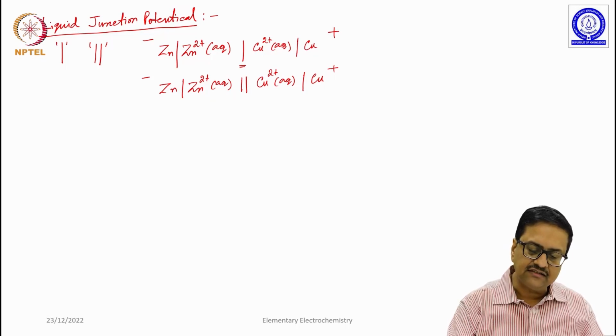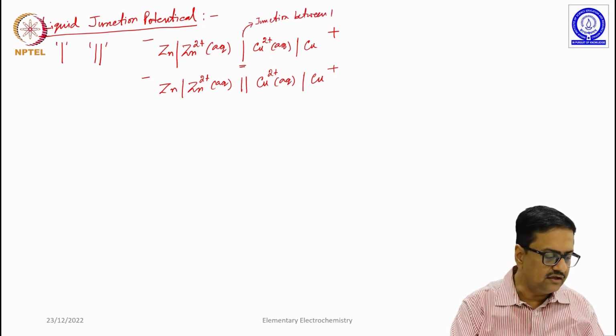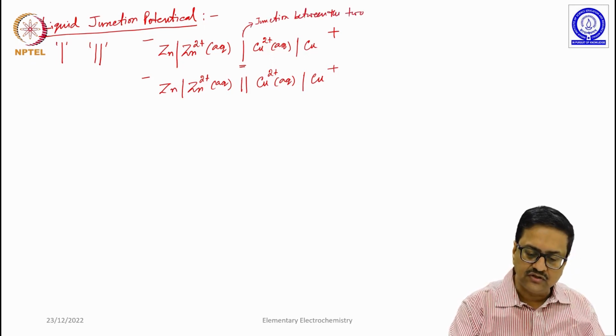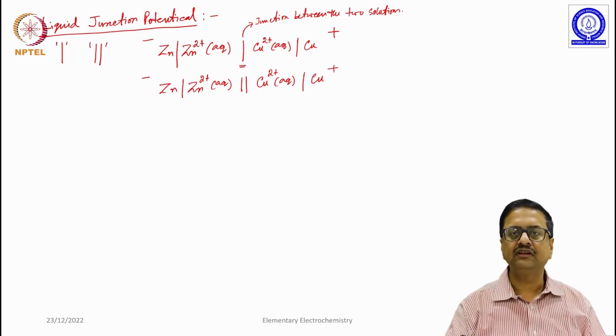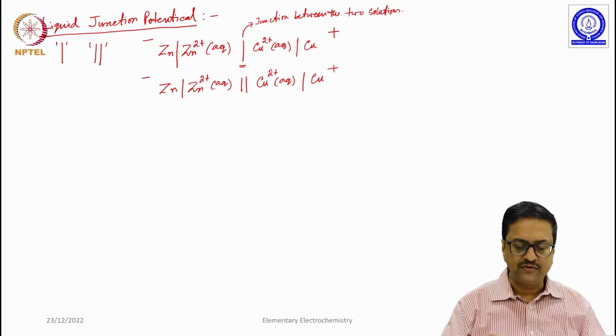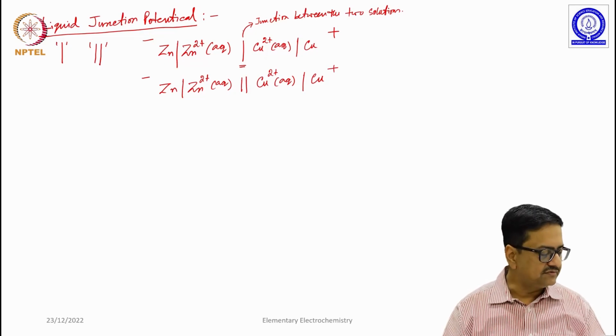So, that is a junction between the two solutions, and because of that junction being semi-permeable, the ions can move from one side to the other, but then a problem arises because of that.